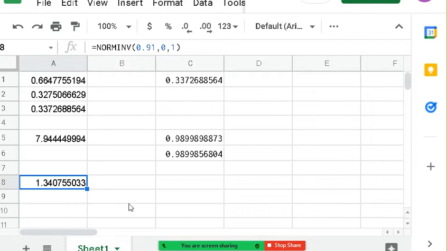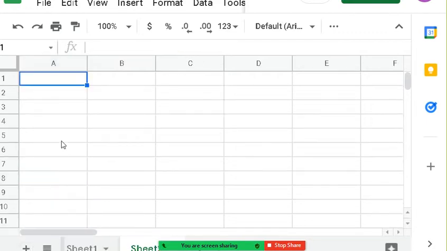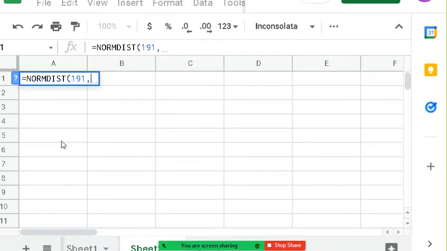Here we go. So I'll just start a new sheet here. Now the command that you want to use is norm distribution. Now all your Google Sheets commands start out with what? Equals. Norm distribution. And then you want the value, 191, and then the mean, which is 171. The standard deviation is 47. What comes after all that mess?